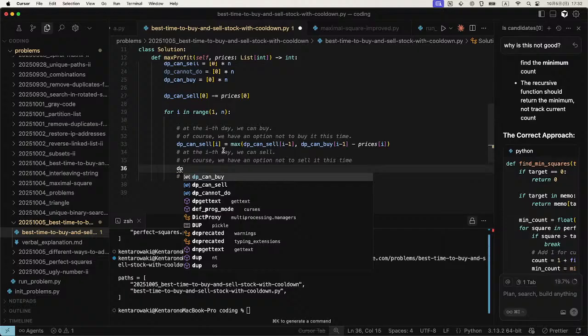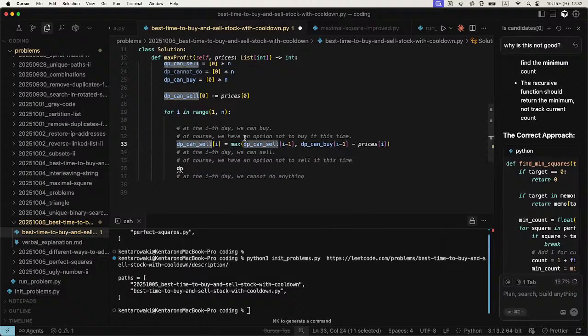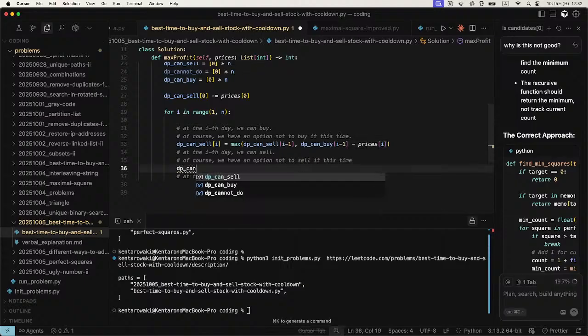I'm confused. Can sell means have a share of stock, or buy a new share of stock. And DP can buy means we don't have stock at this state.